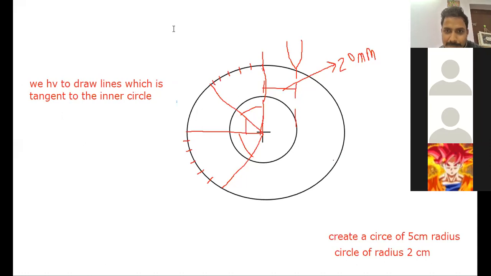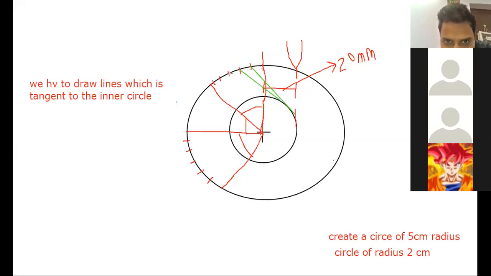So this is what I'm doing. How I would join the line here is, from this point I would draw a tangent like this. From this point I would draw a tangent like this. Understood, guys, right?